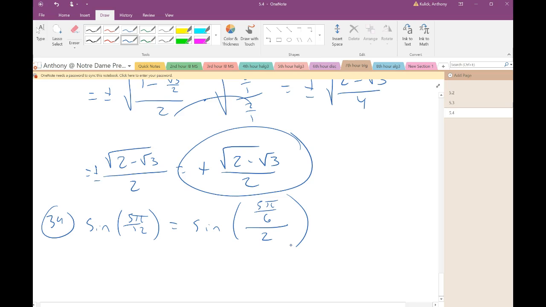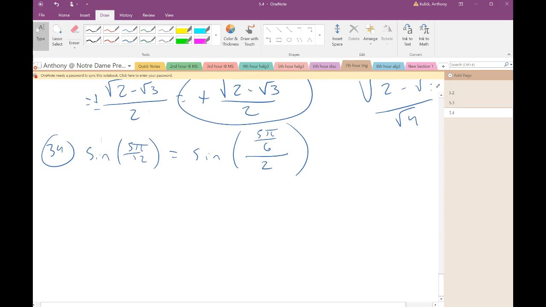I rewrote it as the square root of the numerator over the square root of the denominator. You've got to pay attention to where the square root is. The square root includes the denominator here, but not over here. So I just square rooted the denominator. Everybody good with how I rewrote 5 pi over 12 as 5 pi over 6 over 2?